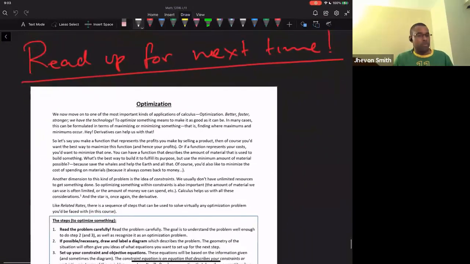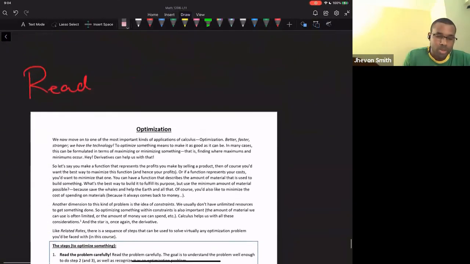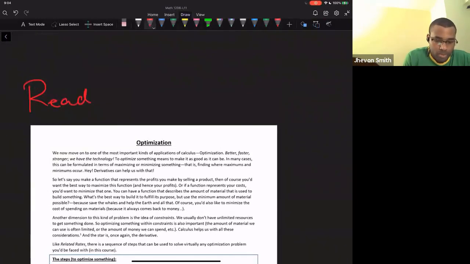So it's another word problem, 6-step process once again. I'd recommend you read up on it, maybe even try a couple problems if you think you can.